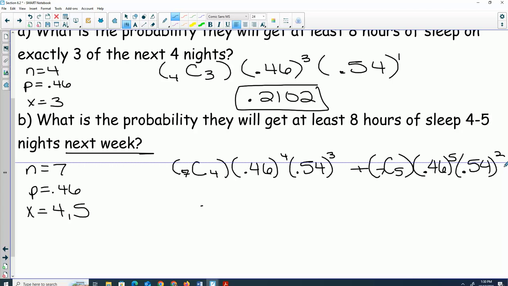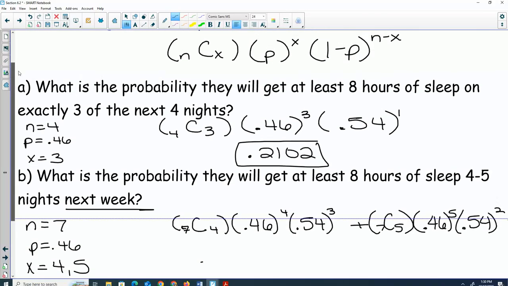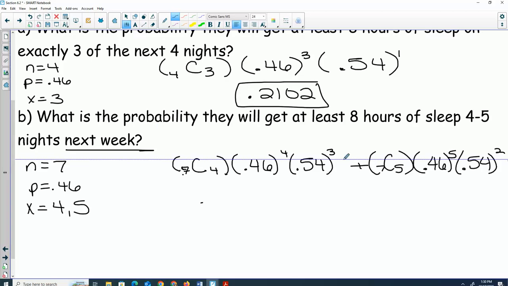I don't care. Will we change the thing for the 0.54, or what would that be? Yeah. So that exponent is always n minus x. So 7 minus 4 is 3. 7 minus 5 is 2. Basically saying if 5 of the nights you did, 2 of the nights you didn't. Okay.